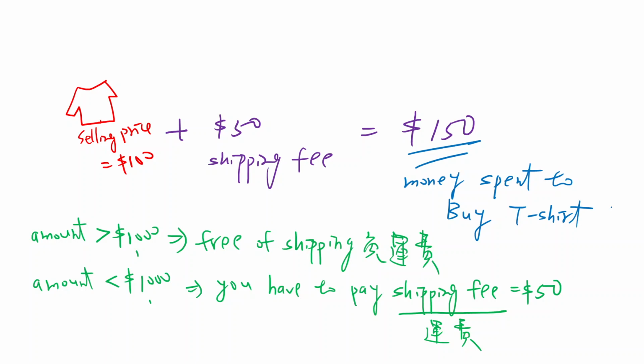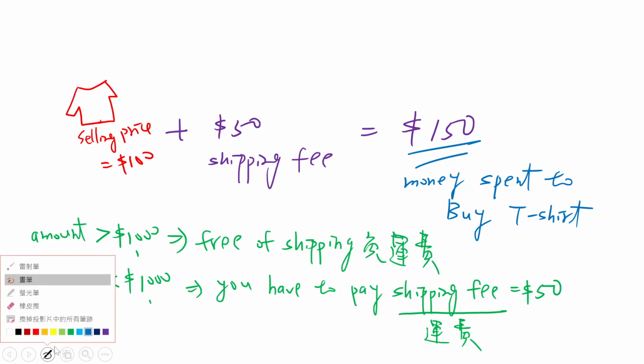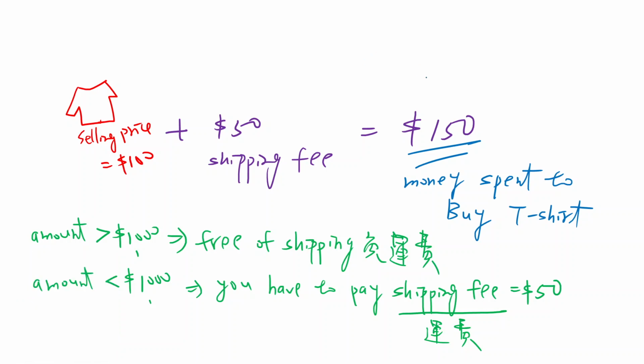Okay? So remember, when we determine the cost of inventory, it's not only the selling price; you still have to consider the shipping fee you have to pay. Based on this, when we want to know how much money you spent, this is your cost of inventory.